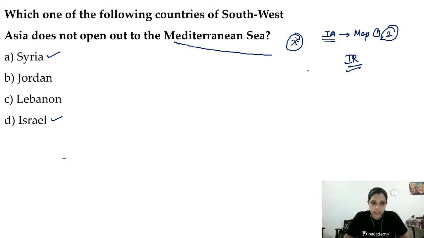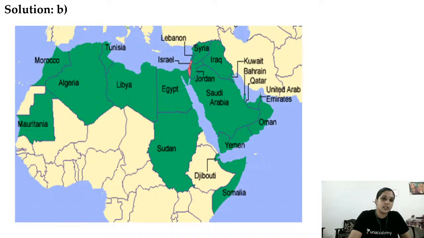In that international affairs, see this map. Syria, Israel is there, and then you have Lebanon. But Jordan does not open into the Mediterranean Sea. Jordan is opening into the Red Sea. This is the Red Sea.